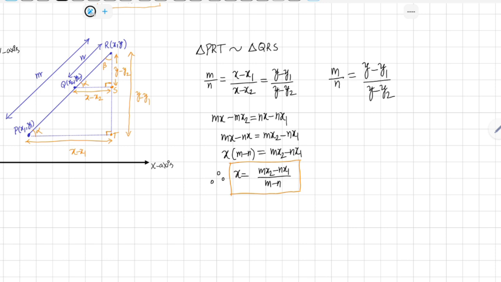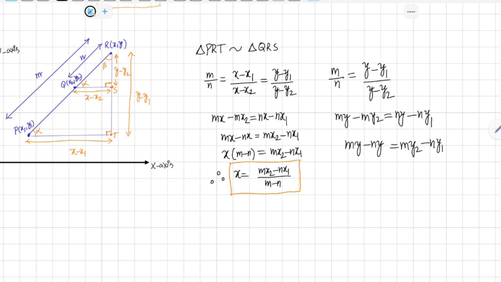If you do cross multiplication, you will have my minus my2 is equal to ny minus ny1. Now sending ny to LHS, my2 to RHS, you will have my minus ny is equal to my2 minus ny1.